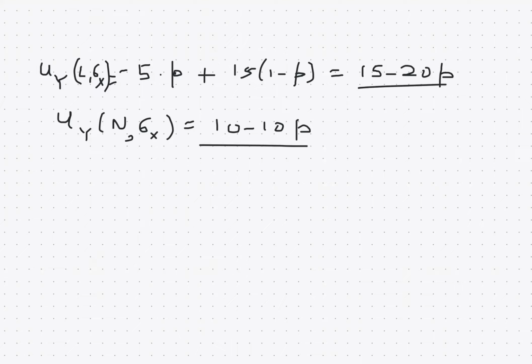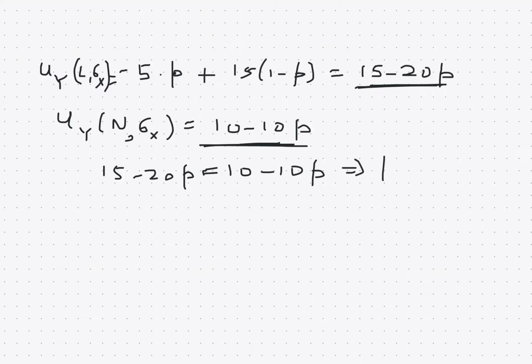All right, so next, firm Y is indifferent between its two strategies, right? And therefore it's willing to randomize if this expected payoff is the same as this, right? So we can set them equal. So 15 minus 20P is equal to 10 minus 10P. Okay, and you have to solve for P now.